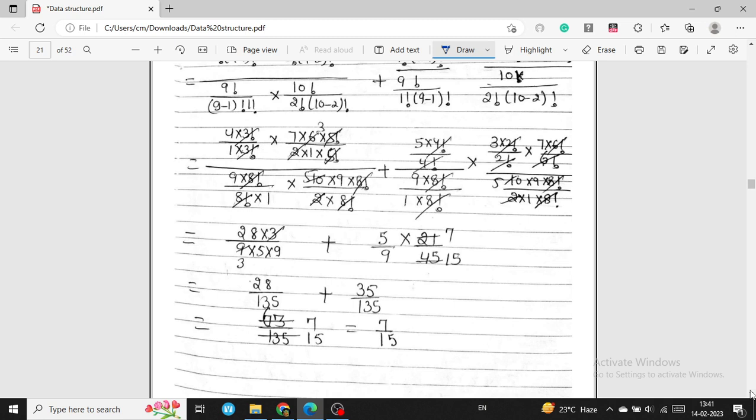At the end we get 28 by 135 plus 35 by 135. When we add, we find 63 by 135, and 9 7s are 63, 9 15s are 135. You will find 7 by 15 is the answer.